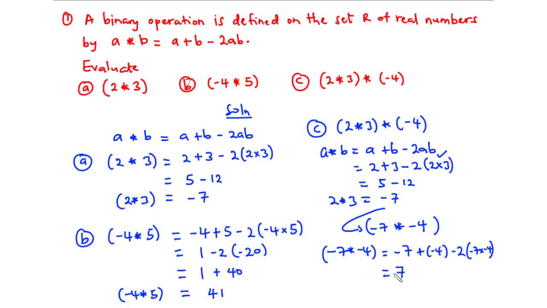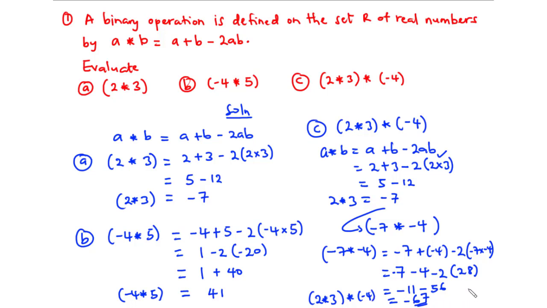So we have negative 7 minus 4, which is negative 11, and negative 7 times negative 4 is 28. Negative 2 times 28 is negative 56. So negative 11 minus 56 is negative 67. So it follows that 2 star 3, all star negative 4, is equal to negative 67.